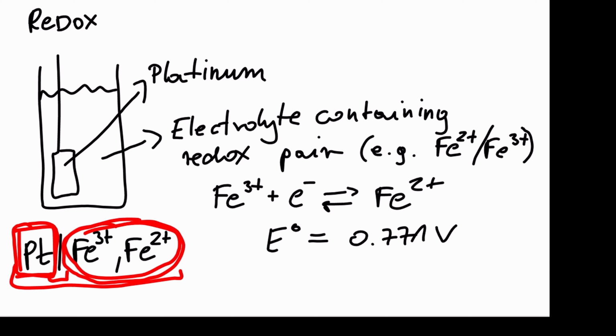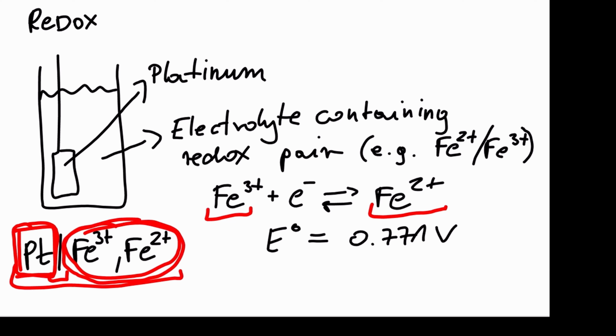So we have two types of iron ions: iron ion with a charge equal to +3 and iron ion with a charge equal to +2. So we have a redox pair.